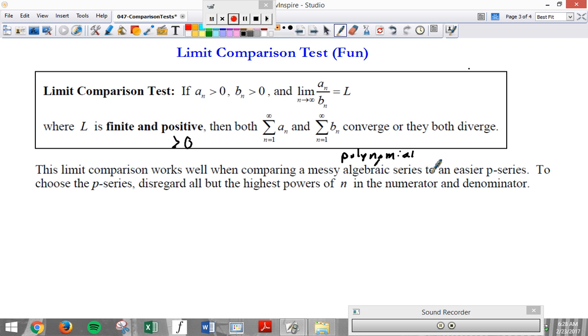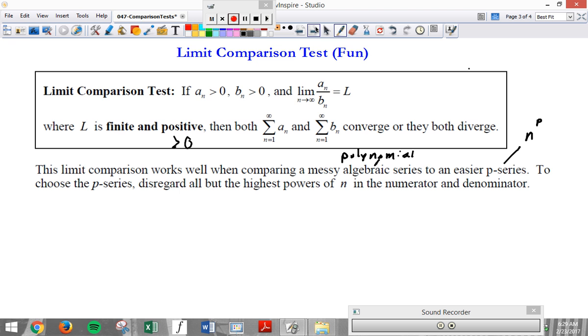So, an algebraic series to an easier p series. And again, that's n to the p, where p is constant, n is changing. To choose the p series, you ignore all but the highest powers of n in the numerator and denominator. This is a lot like just doing limits, finding the horizontal asymptote.